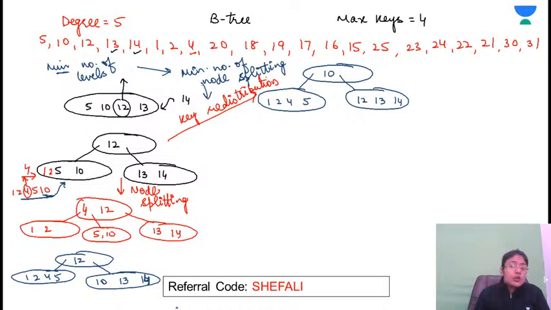If maximum is asked, then definitely you'll go for node splitting. It's the obvious answer, right? If you check maximum levels, but why will you find maximum? The more the number of levels, the more the complexity. So in this case, is this allowed? 10, 13 and 14? It is not allowed because 10 cannot be on the right side of 12.